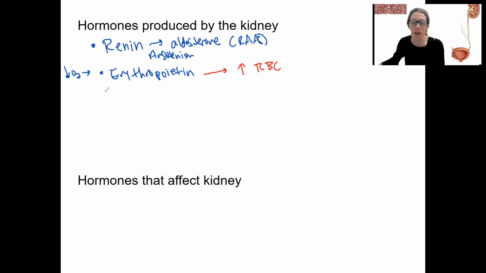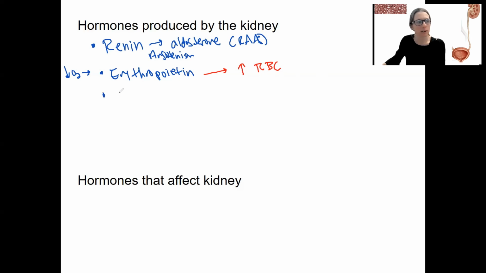If we're detecting low partial pressure of oxygen, it probably means we don't have enough oxygen and we probably need some more red blood cells to be carrying oxygen. Let's make some. This is actually a way of regulating blood volume as well, because those blood cells are part of the volume, but specifically responding to low oxygen.